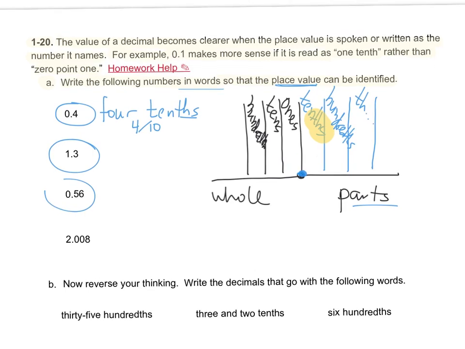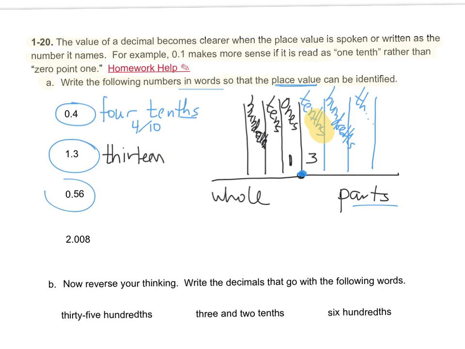Okay, for the second number, I'm going to put the 1 in the place of the ones, and then 3 in the place of the tenths. So how would I say it? Remember, to say it with the place value, I need to actually say the number 13, and then again say the word for the place value it belongs in.